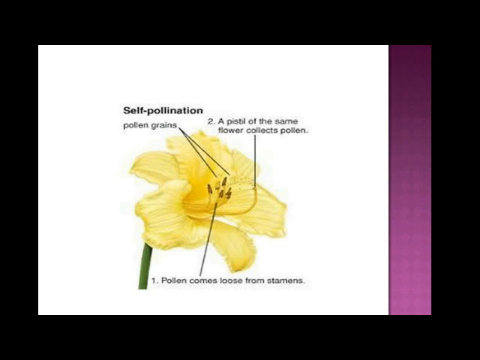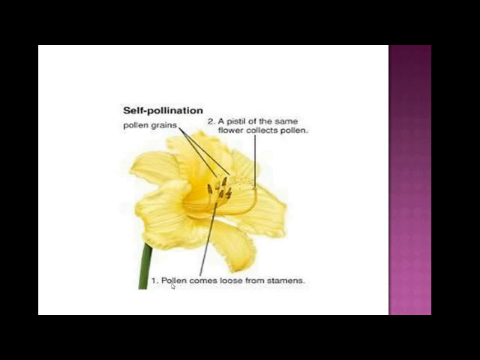Then the next slide here, you look at it, you see we have self-pollination here. We've been mentioning pollen grains. You look at the pollen grains here. You see them here? This is how they are.